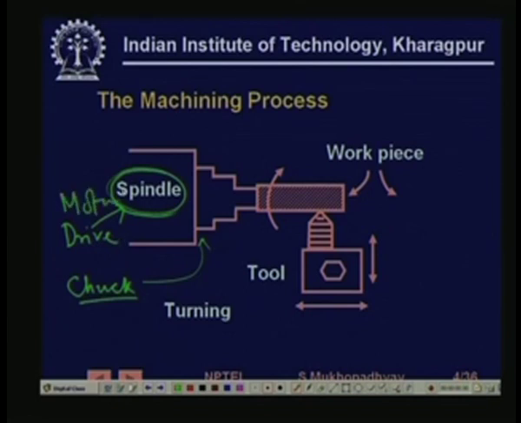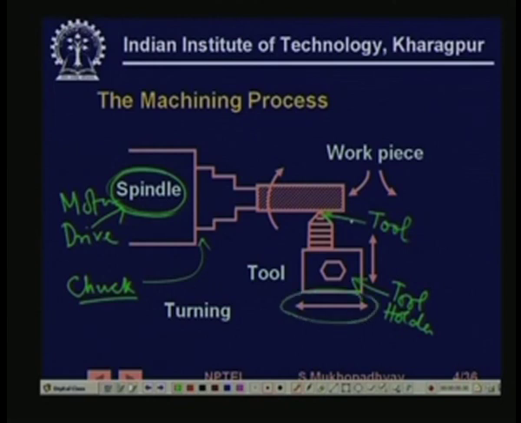So, we have a motor drive here, and the workpiece is rotating, and this is the tool, this is the tool holder which moves. So, the tool holder can move this way.